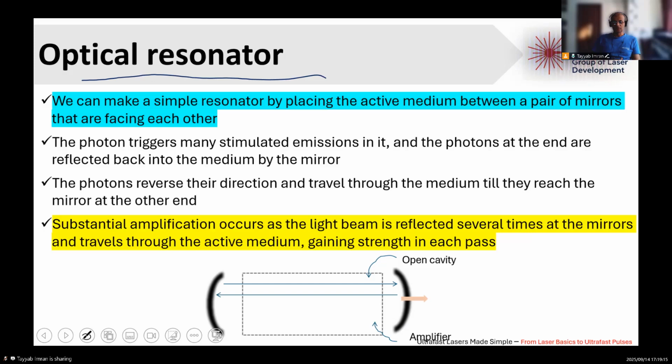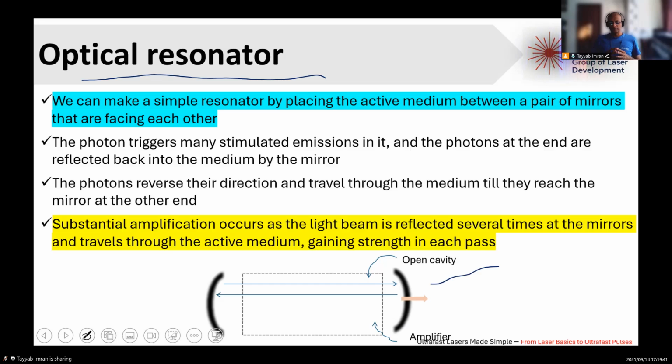So what exactly is an optical resonator? Two mirrors face to face with each other, like you can see here. They can be concave mirrors, convex mirrors, or plane mirrors. I hope you know what these convex and concave mirrors are.